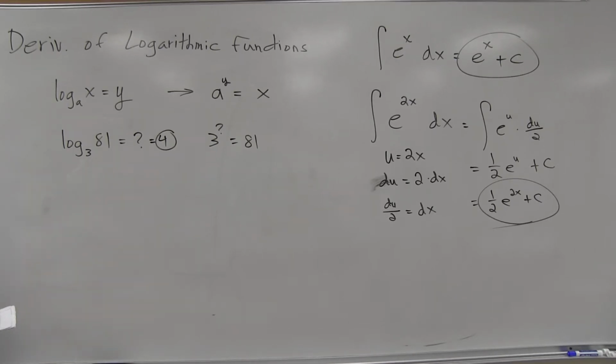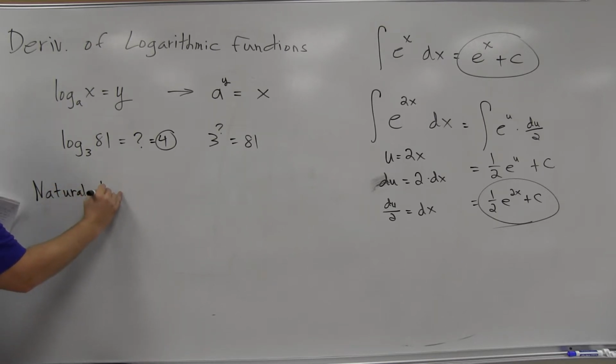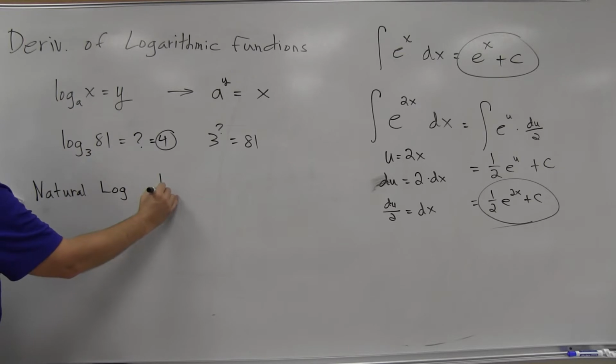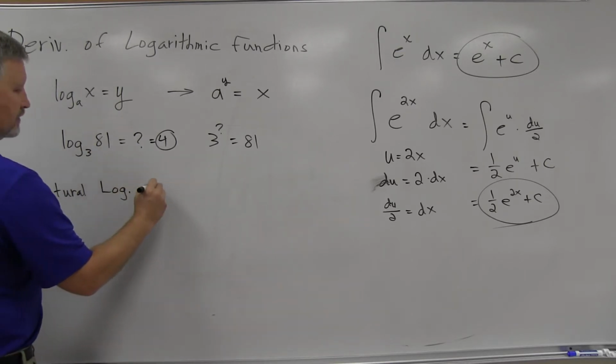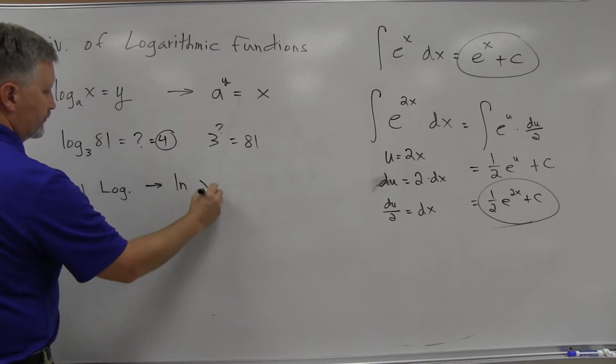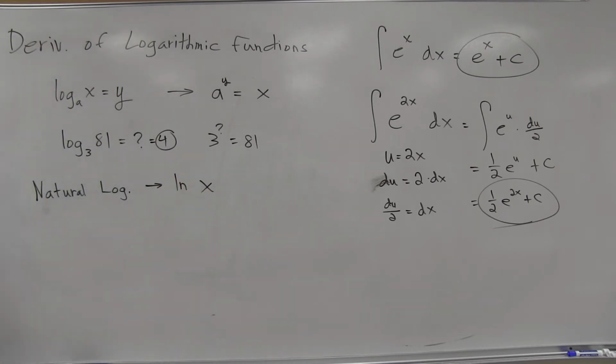We also have the natural logarithm, ln, is the way we designate it, ln of x, ln of some number. The natural logarithm is just the logarithm base e.